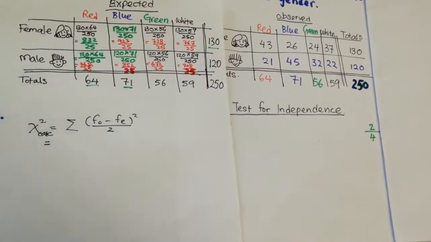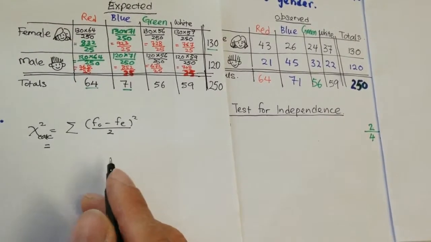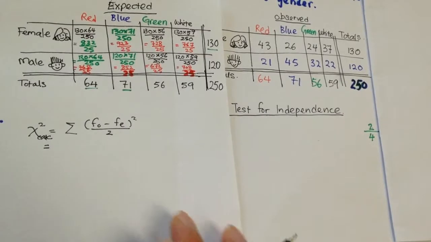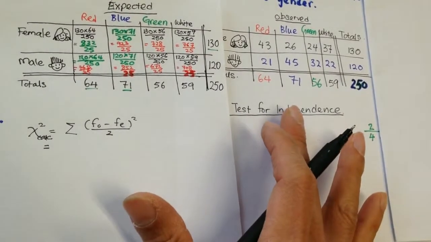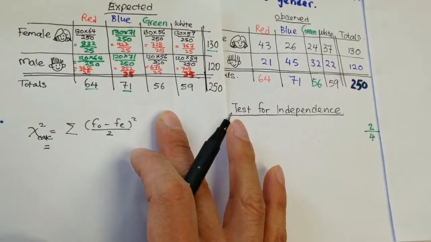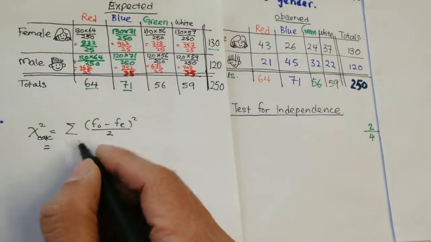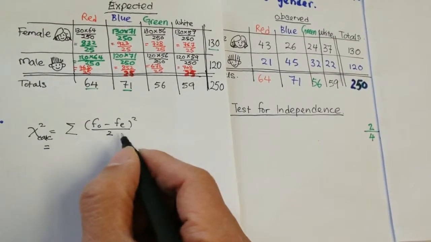Now we will calculate the chi-square statistic for this experiment. Here is the table of the observed values. Here is the table of my completed expected values. So what we need to do is this particular process.